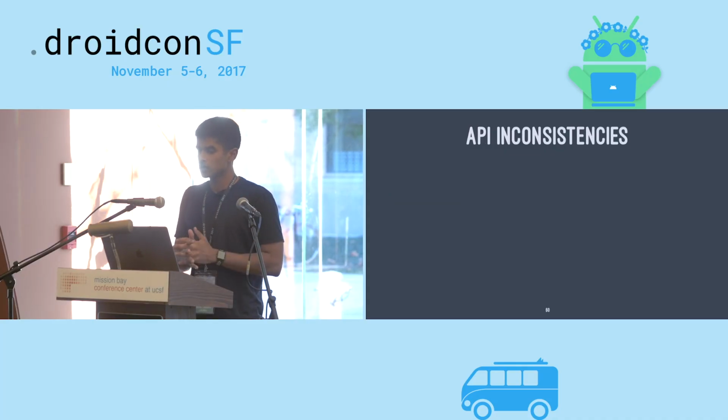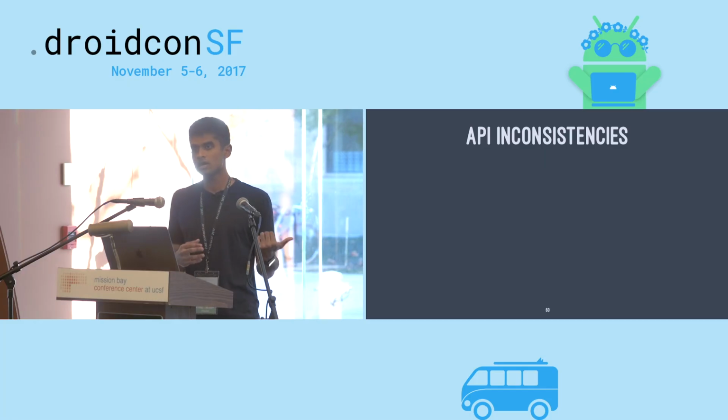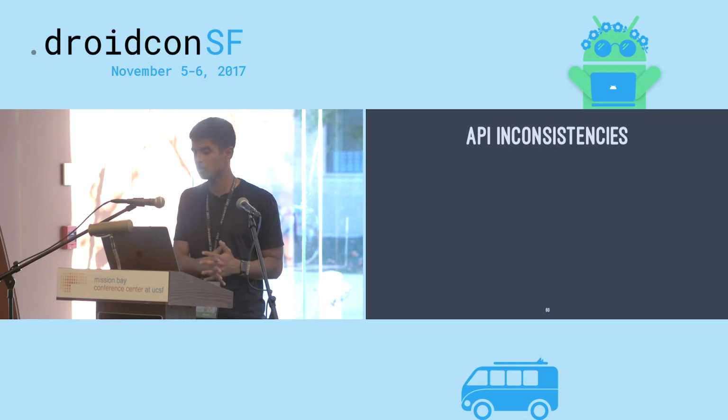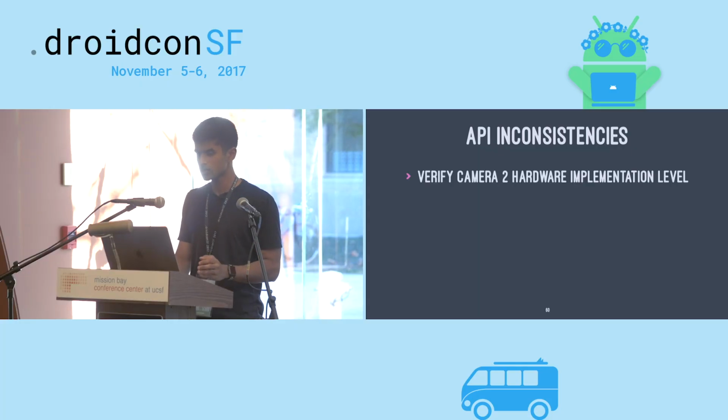As we've seen, it's not too hard to implement the Camera 2 API or the Camera 1 API, but the more complicated part is the inconsistencies across devices and APIs. So before you build any features, you want to always keep checking the hardware implementation level before you start using features on a certain device.